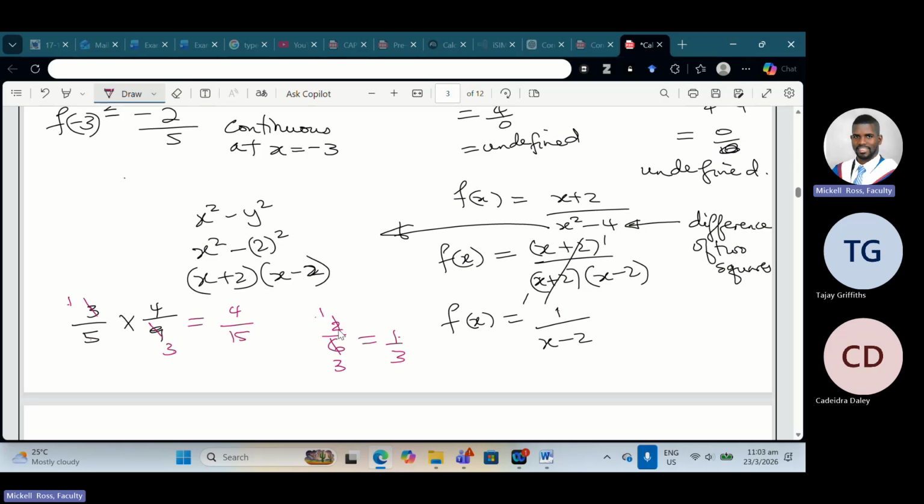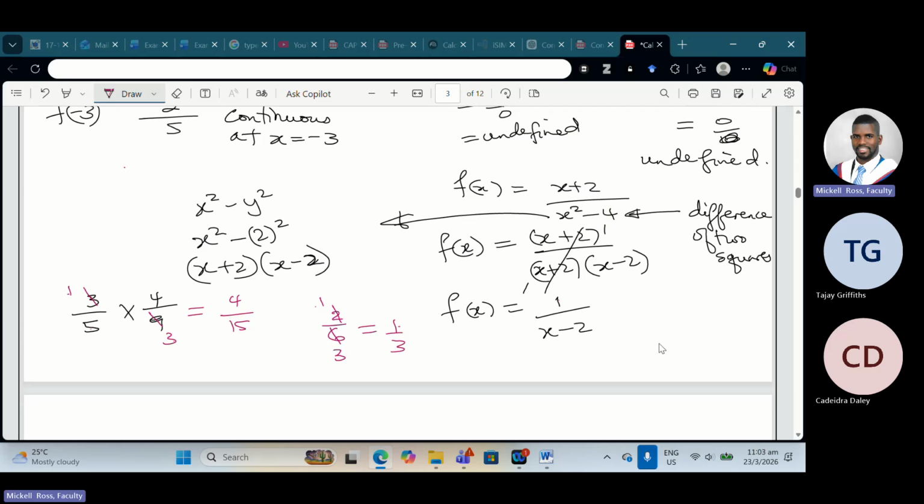Just as 2 canceling into itself one time, x plus 2 canceling into itself goes one time. So they cancel each other, and then you have the 1 in the numerator and the x minus 2 in the denominator. Following the reasoning? Yes, sir. That is how we get it to be this right here.